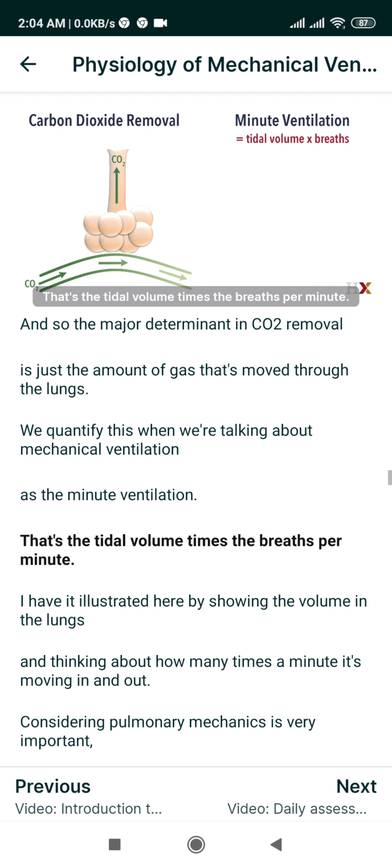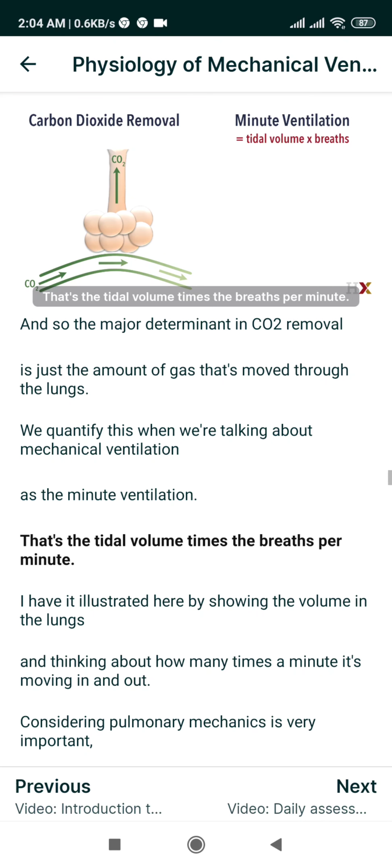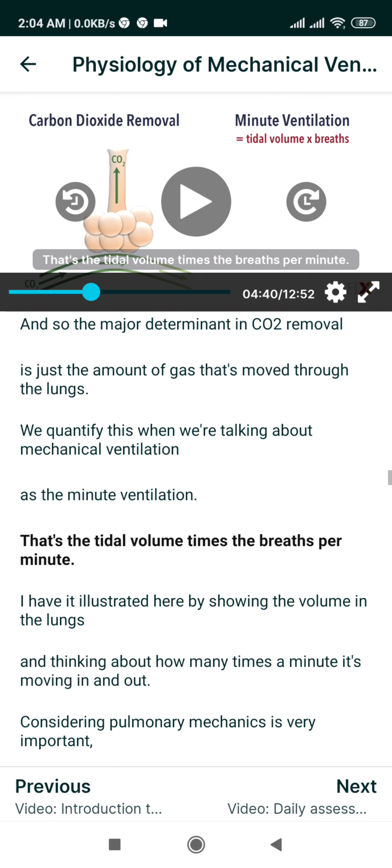That's the tidal volume times the breaths per minute.